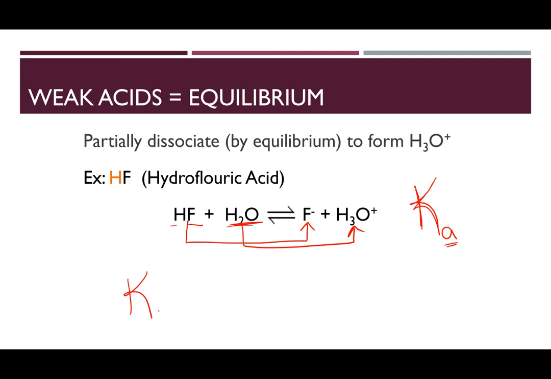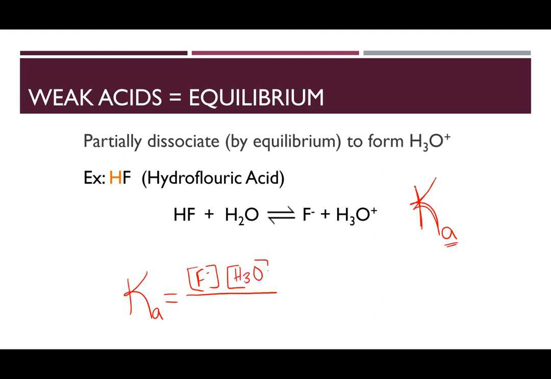So the equilibrium constant for an acid is going to be the concentration of the products over the concentration of the reactants. So the concentration of our products will look like this. And the concentration of our reactants will just be HF, because remember, water is a liquid and solids and liquids do not get included.